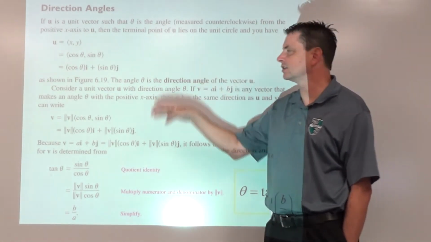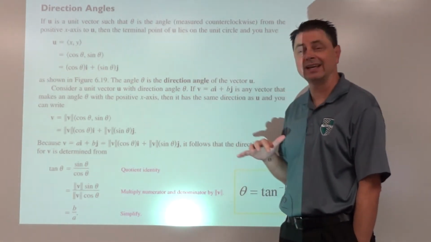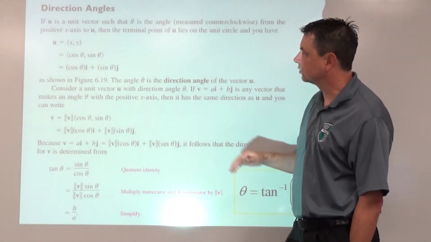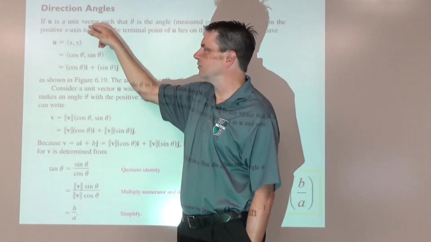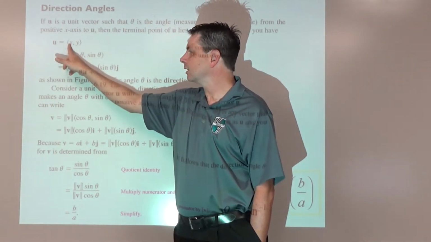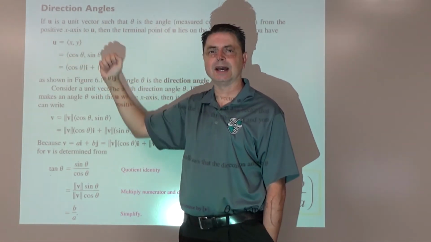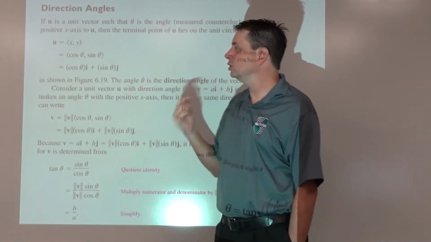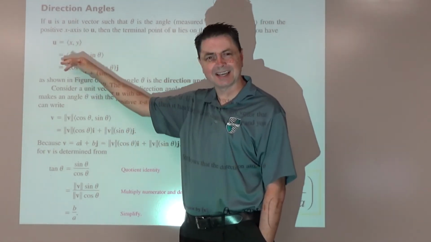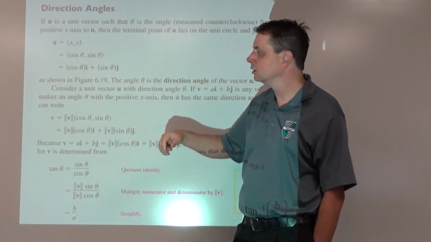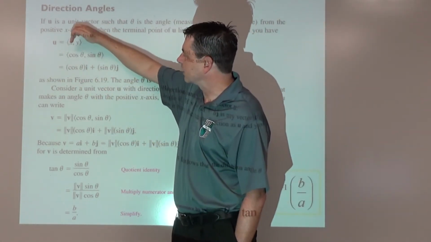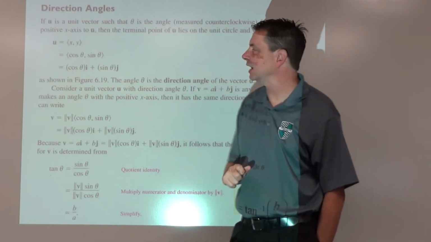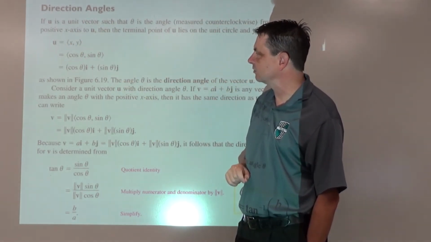All right, so now we're going to get into some of the trig stuff and how it connects to vectors. Direction angle. If we have u be a unit vector with x and y as the components, we do know if it's a unit vector, we kind of connect that to the unit circle. So x was the cosine of theta, and y was the sine of theta.